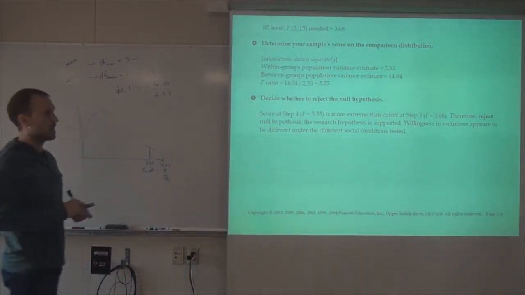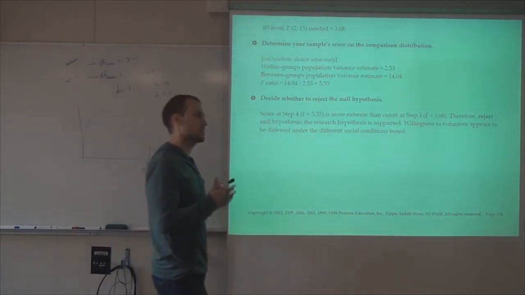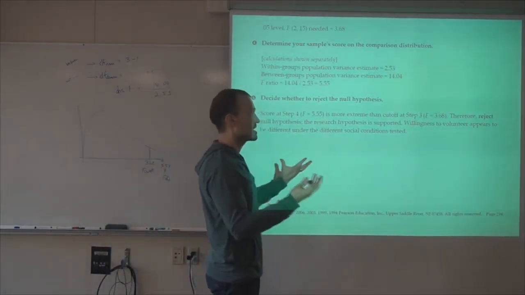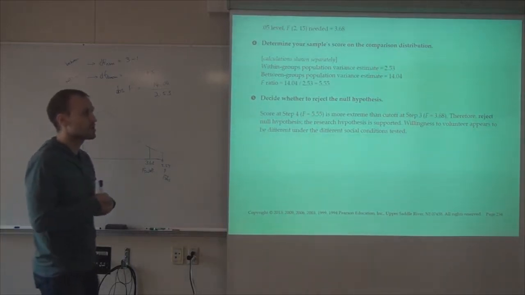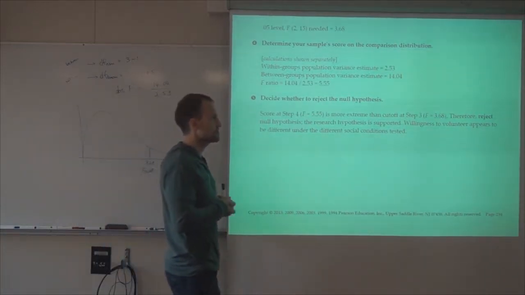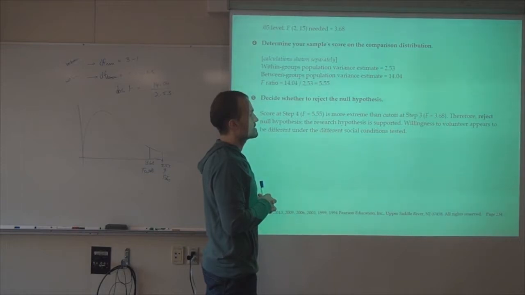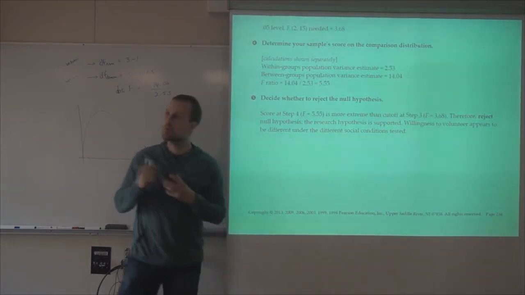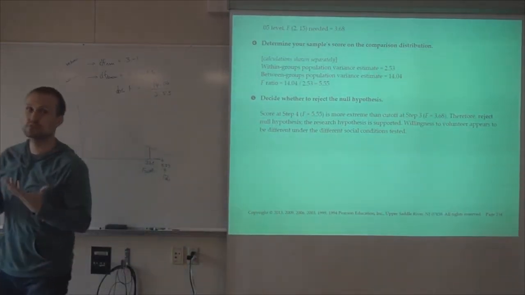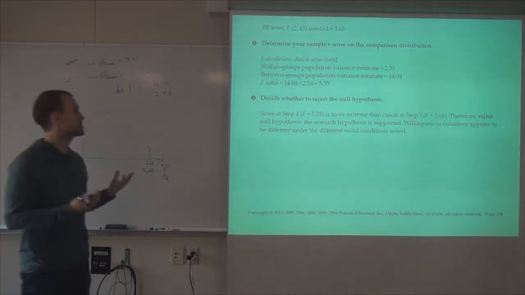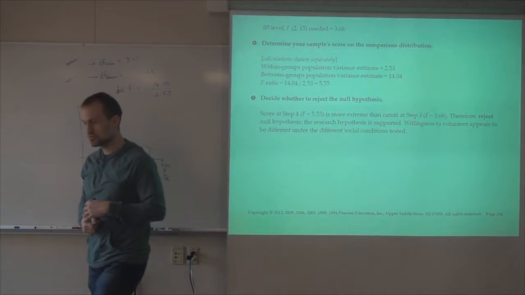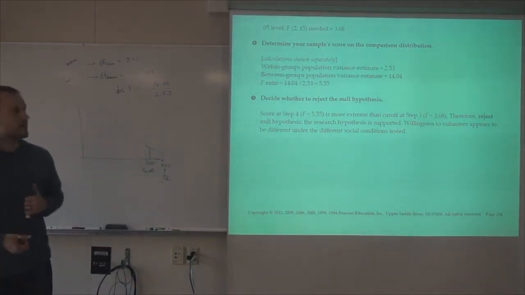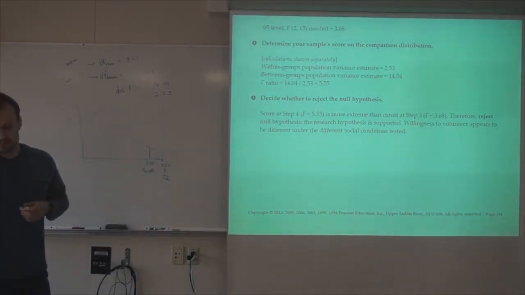Do I actually know what the truth is? No, I don't know for sure. It's just that the evidence suggests that the research hypothesis is probably true. And I also don't know exactly which groups are the most different, which groups are causing this difference to reject the null hypothesis. I only know that there is a difference.